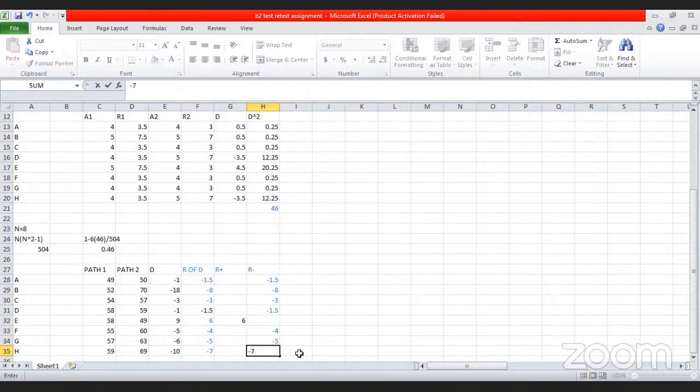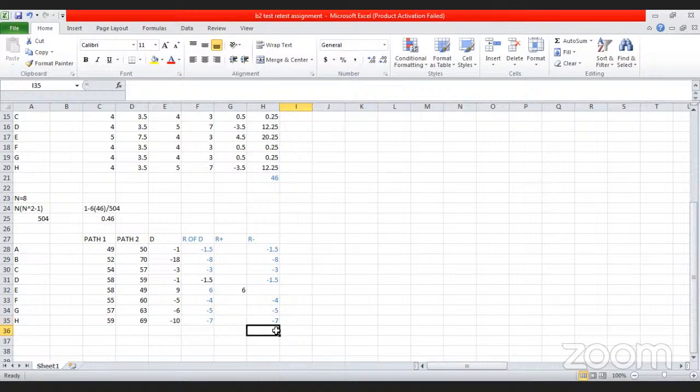So we have to do the sum. That is 1.5 plus 8 plus 3 plus 1.5 plus 4 plus 5 plus 7, that is 30. So the sum is 30.